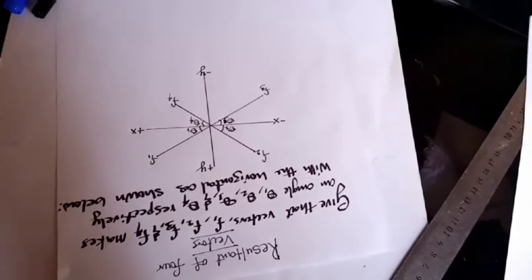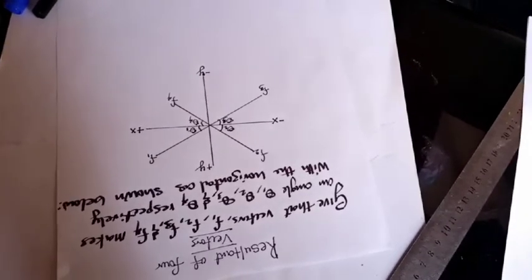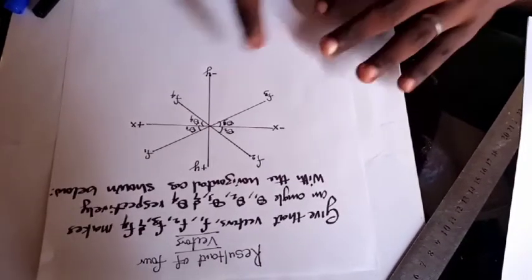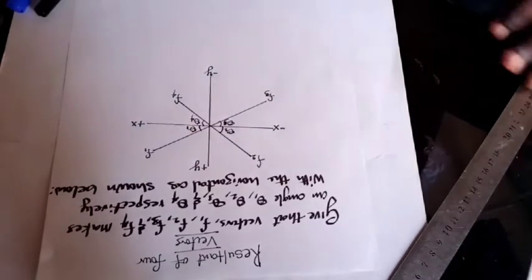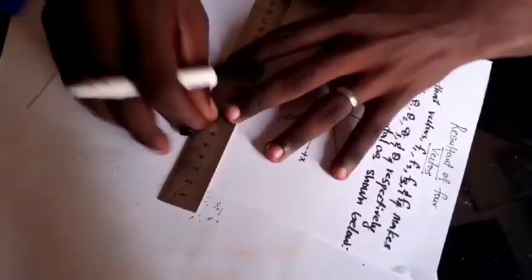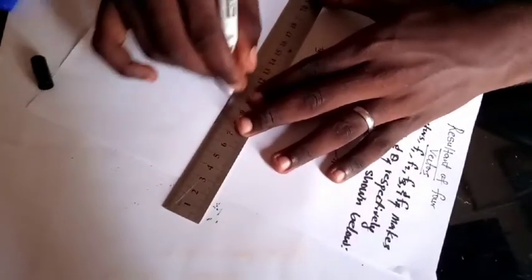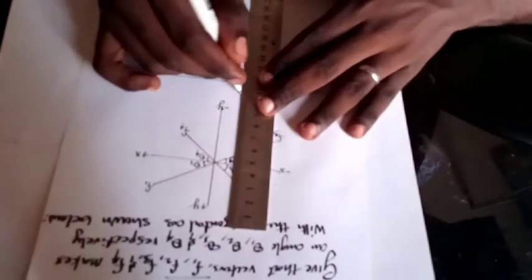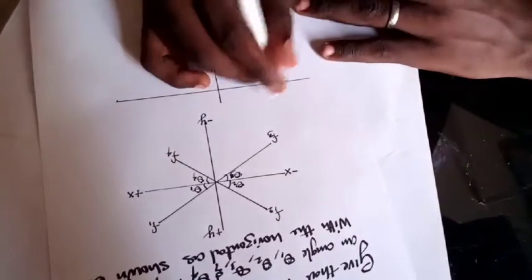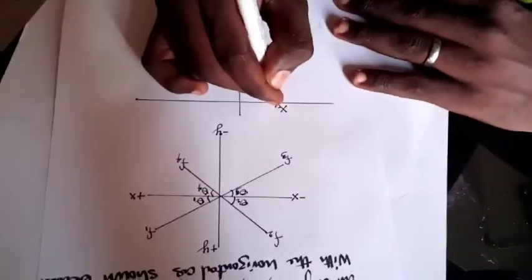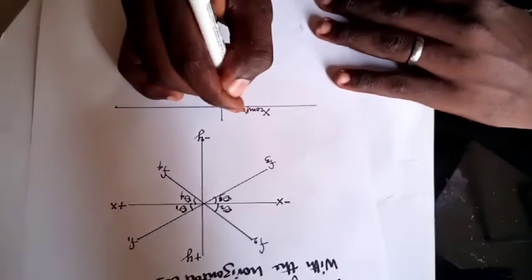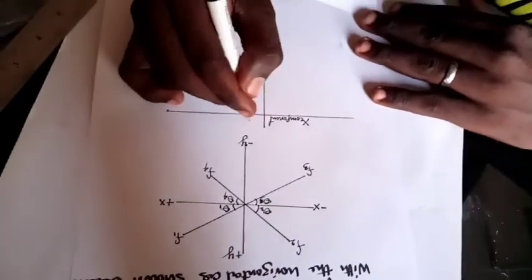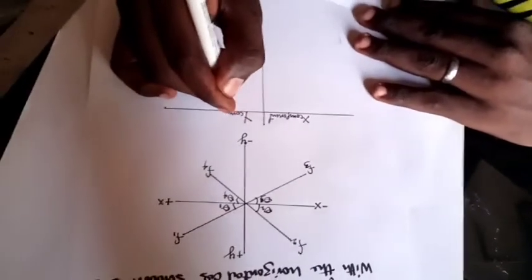Now, if we have this, how can we then find a single vector that will represent these 4 vectors? All we need to do first is to open a table to make the work easier and to avoid error. We have a table where we have the x components and the y components.